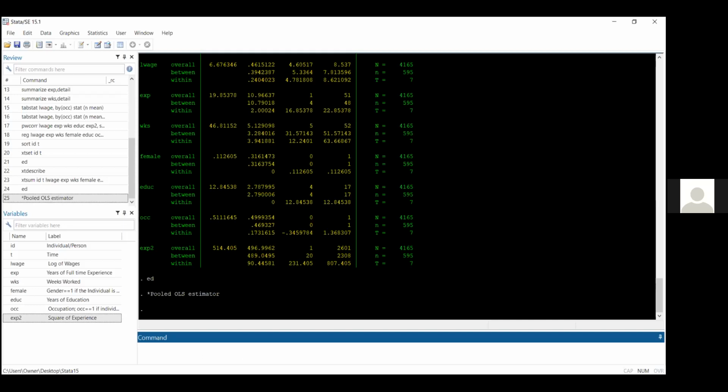Pooled OLS assumes that those heterogeneity or unobserved effects do not exist. You just simply ignore them and run your estimation as if they don't matter.